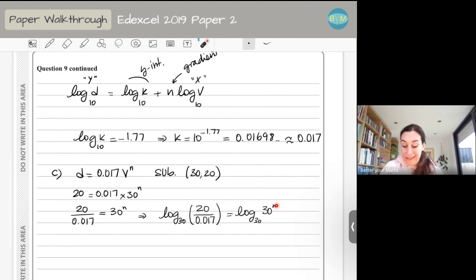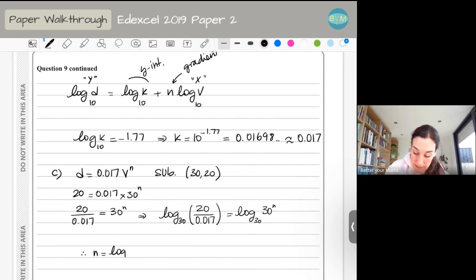You know that this is going to be n, because it is the exponent when the base and the base are the same. So n straight away is log to the base 30 of this value. If you take logs in any other base, you will get the same answer, but you will have one more number there.